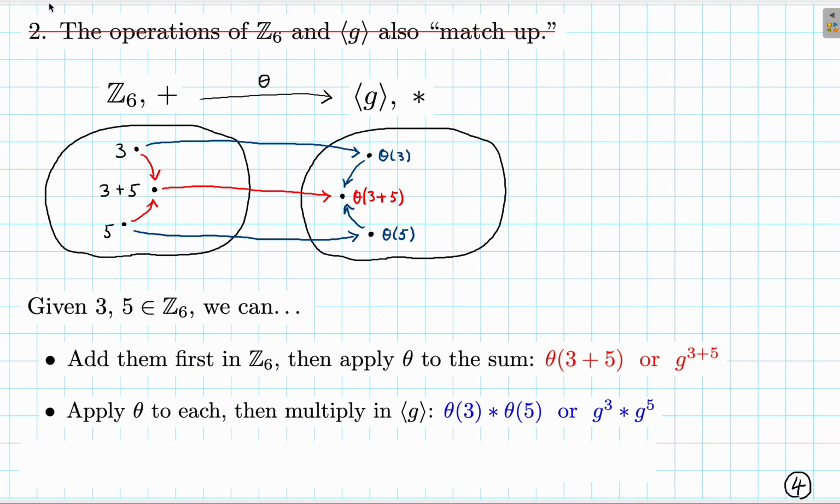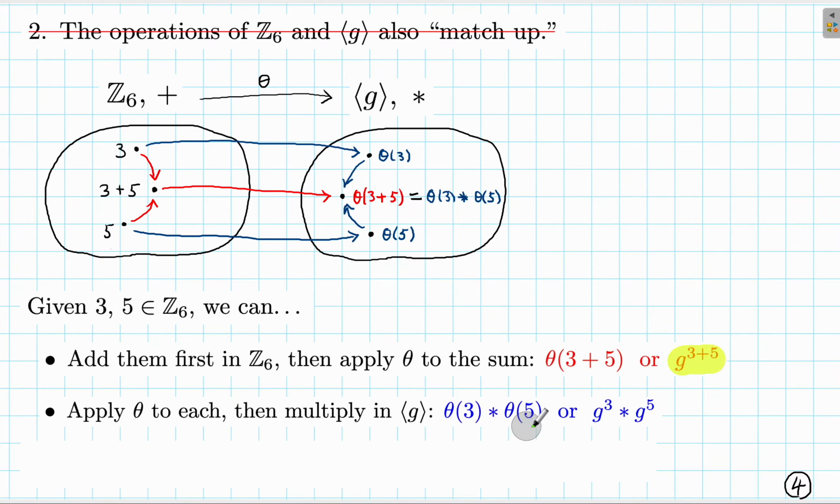So let me just write down the equality and we'll talk about why that's true. So that equals theta of 3 times theta of 5. Now, why is that true? Well, theta of 3 plus 5 we saw was the same as g to the 3 plus 5th power.